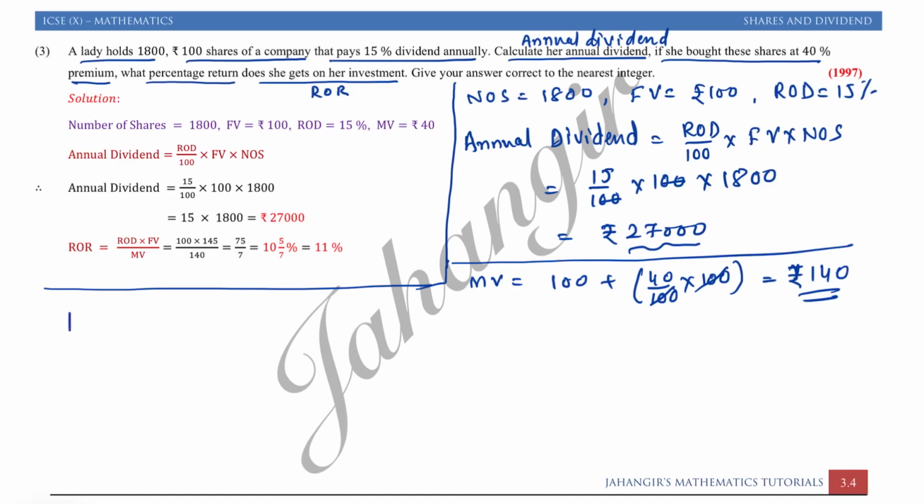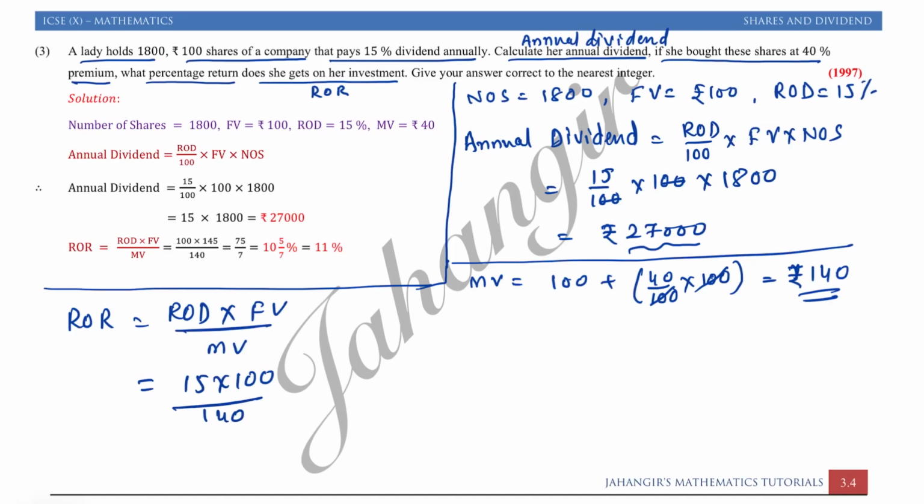So now I will write rate of return is equal to rate of dividend into face value upon market value. So rate of dividend is 15 into 100 upon 140.